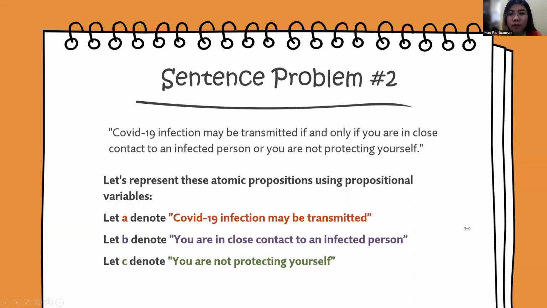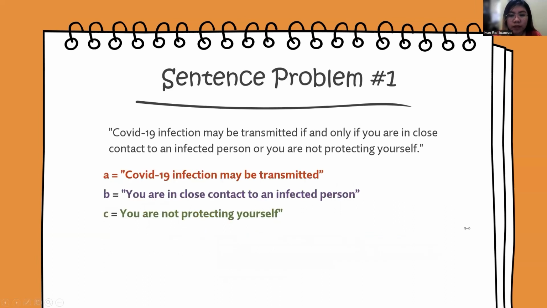So let's represent these atomic propositions using propositional variables. Let A denote COVID-19 infection may be transmitted. Let B denote you are in close contact to an infected person. And let C denote you are not protecting yourself.